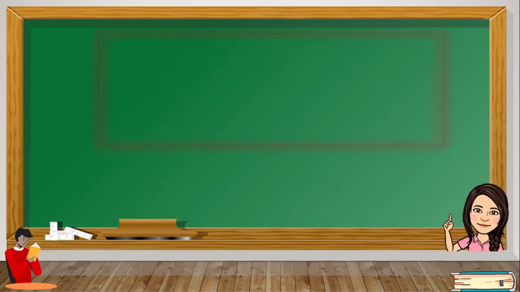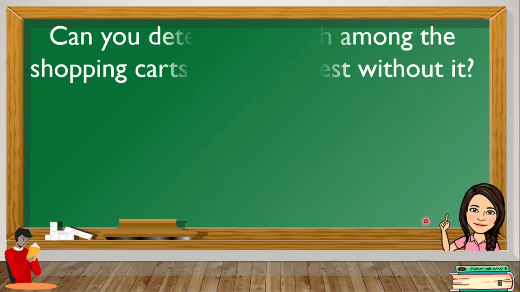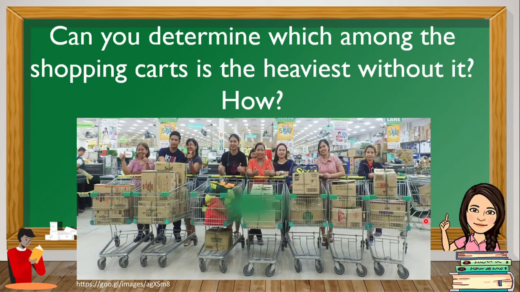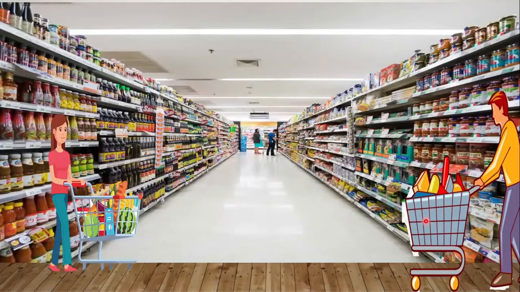Analyze the image on the screen. Can you determine which among the shopping carts is the heaviest without weighing it? How? Let's check it out. What have you noticed with the movements of the shopping carts?